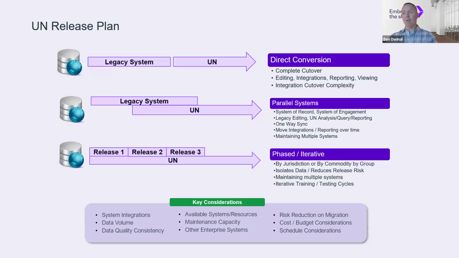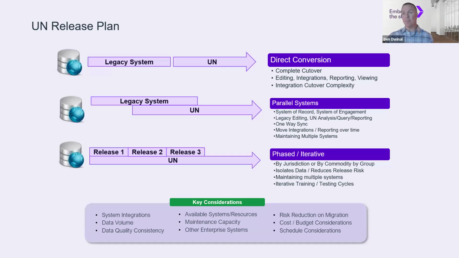This is very common in multi-region, multi-commodity organizations where there's clear business process separation or clear geographic boundaries, so we can isolate different sections of data and systems. This approach also reduces data volume, so you get some speed in your release because you're dealing with smaller data volumes.